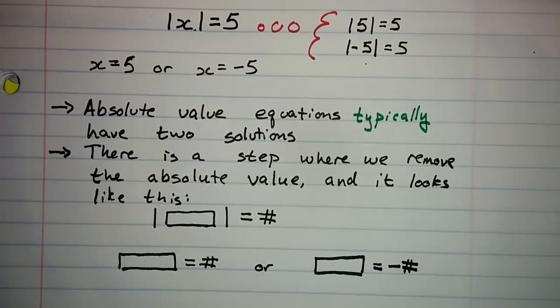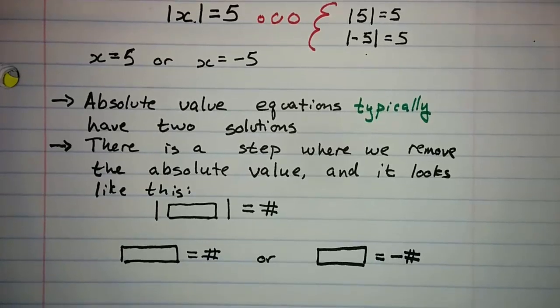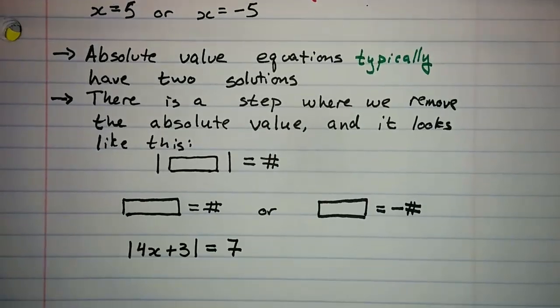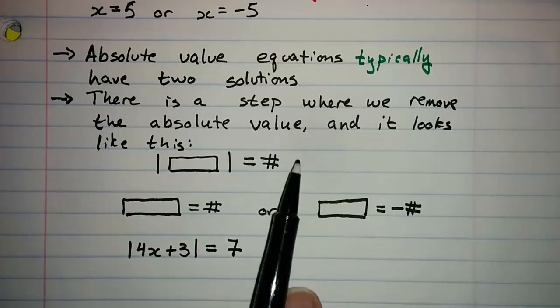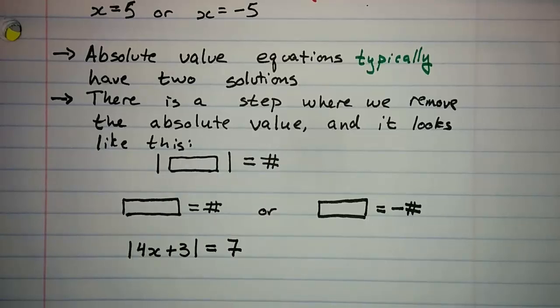So let me show you a typical example of an absolute value equation. Let's suppose we have the absolute value equation |4x + 3| = 7. We are prepared for the step where we get rid of the absolute value. If the absolute value of 4x + 3 equals 7, that means that 4x + 3 is one of the numbers whose absolute value is 7.